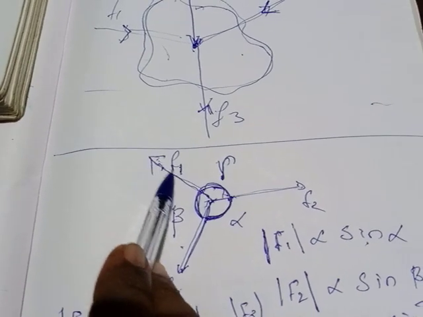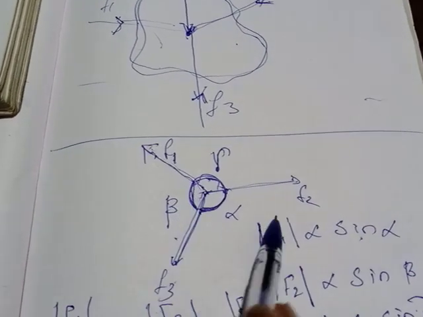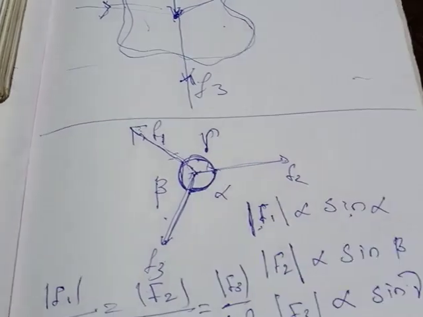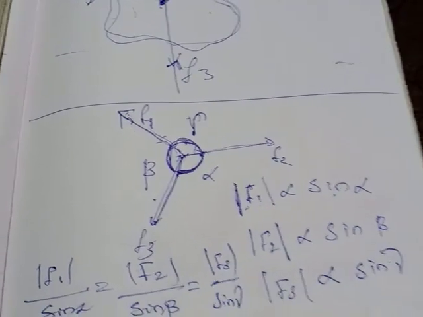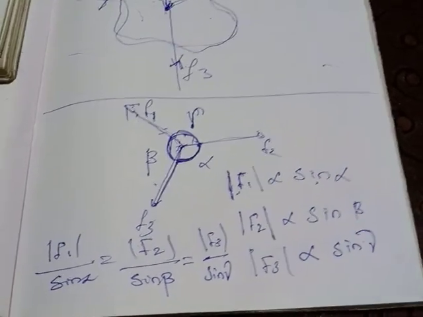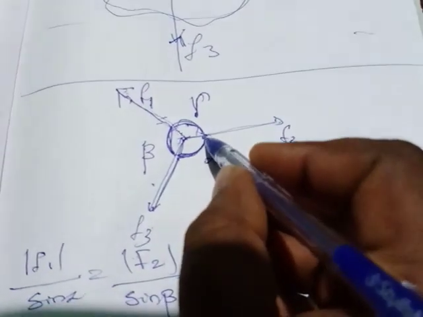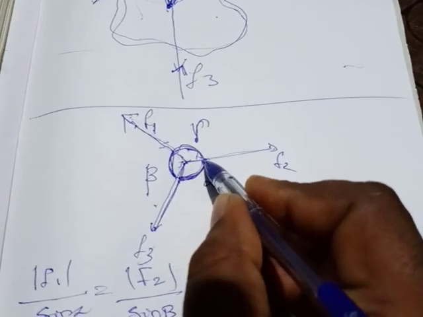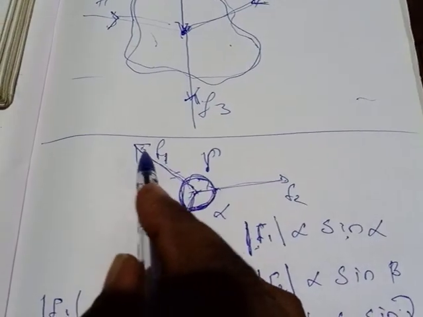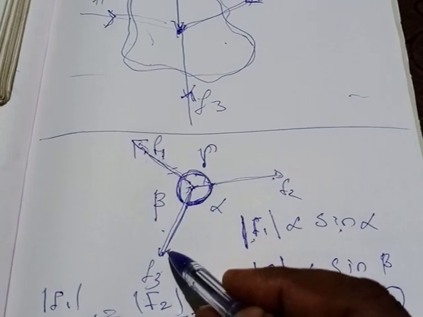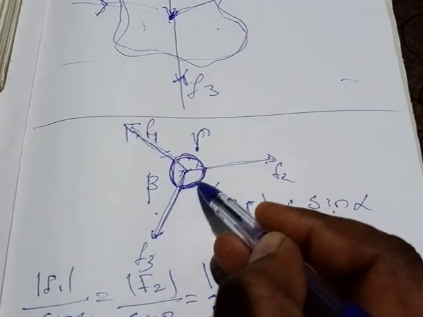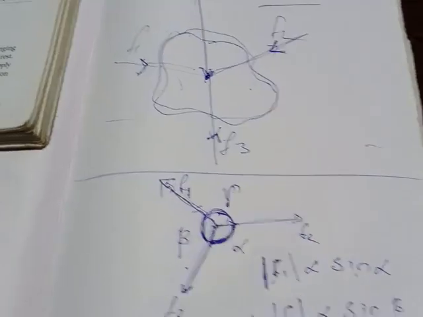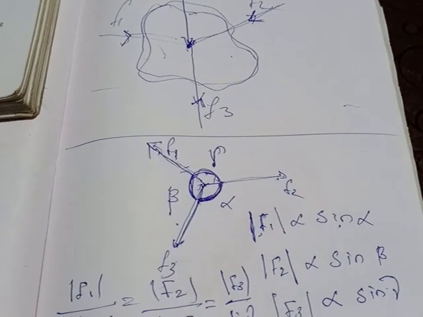If you are taking force 1, the magnitude of force 1 is proportional to the sine of the angle between the other two forces. For F1, F2 and F3 are the other two forces. That is Lami's theorem.